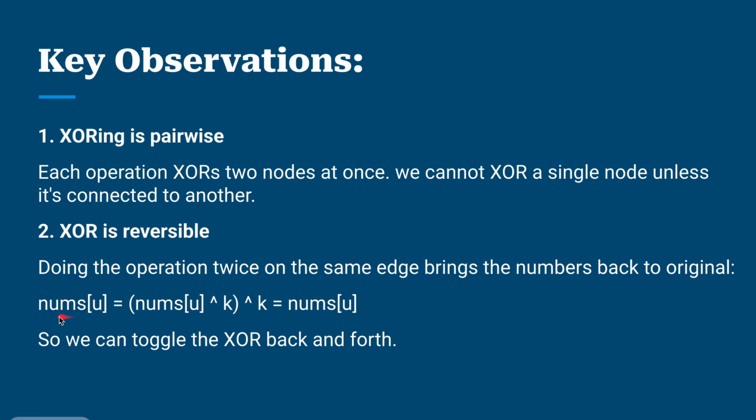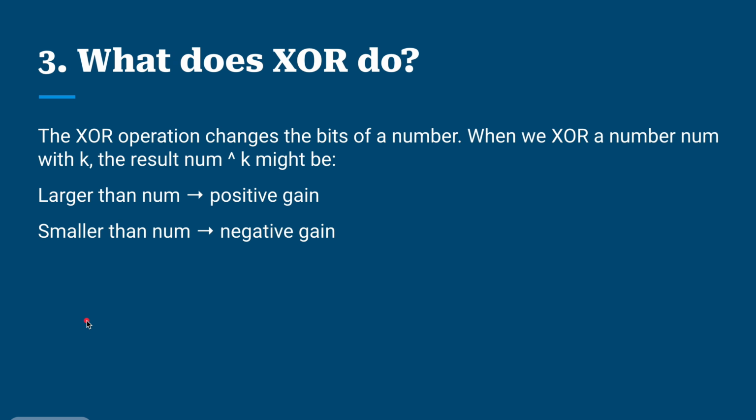You will get the same value again, the previous value. What does XOR do? The XOR operation changes the bits of a number. When nums is XORed with k, the result nums XOR k might be larger than nums if a positive gain happens. If a negative gain happens, it means smaller than nums, which we have seen already.